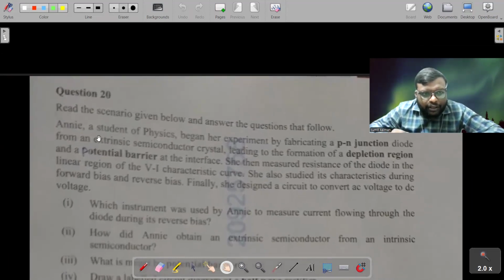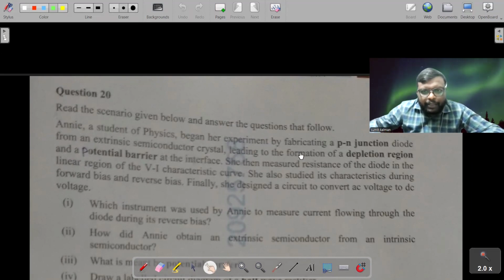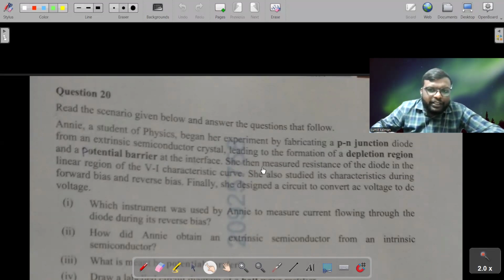So students, Annie, a student of physics, began her experiment by fabricating a PN junction diode from an extrinsic semiconductor crystal, leading to the formation of a depletion region and a potential barrier at the interface. She then measured the resistance of the diode in the linear region of the VI characteristic curve. She also studied its characteristics during forward bias and reverse bias. Finally, she designed a circuit to convert AC voltage to DC voltage.